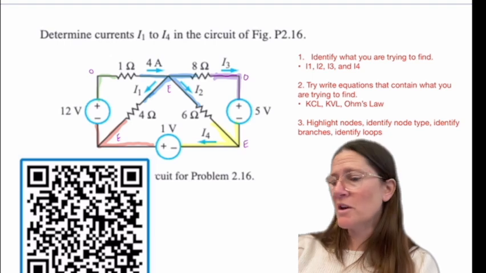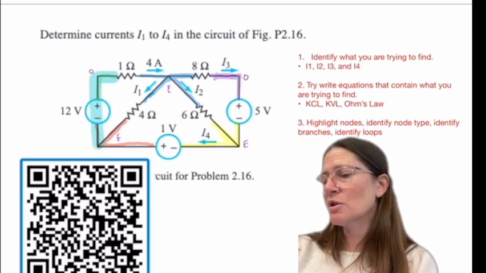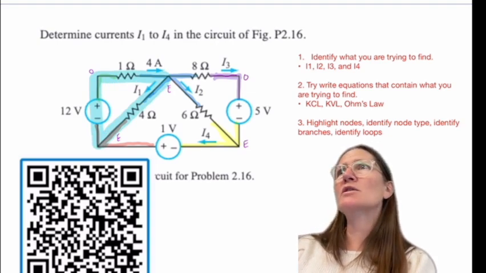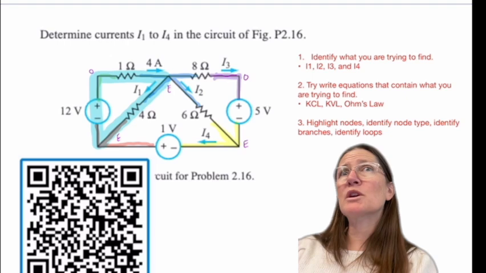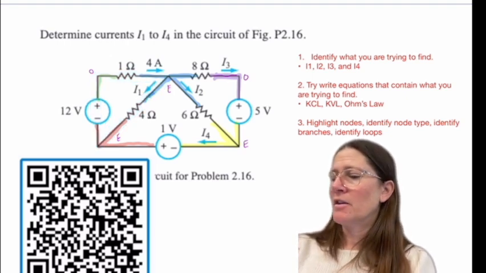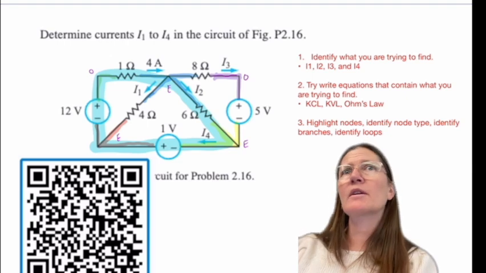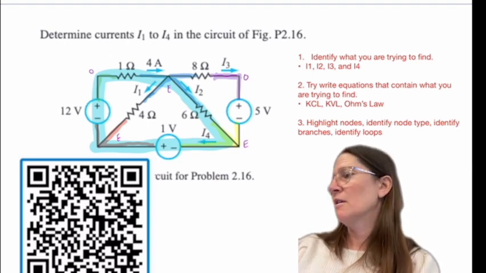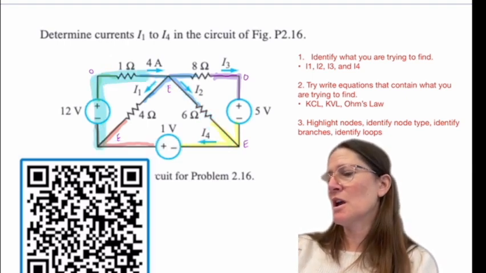So there are several possibilities of loops. A loop is going through branches from one point back to the other. So that would be one loop. There would also be a loop going through here. There would also be a loop going around the whole outside.